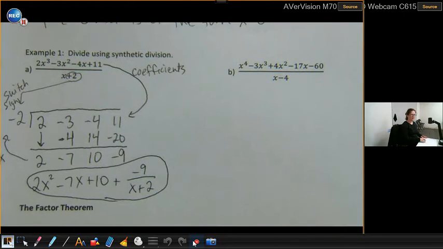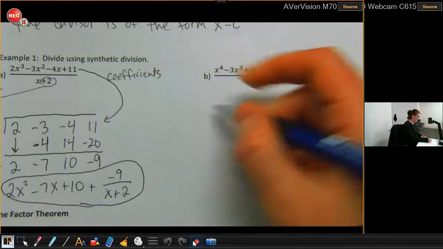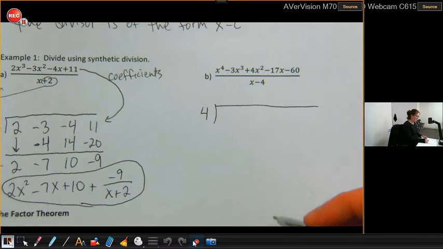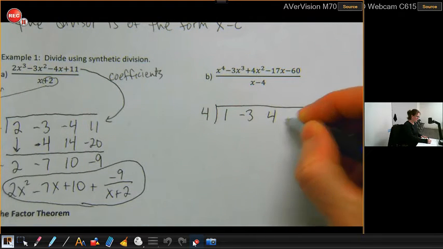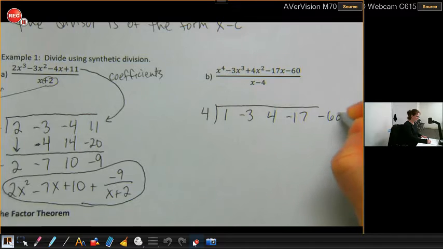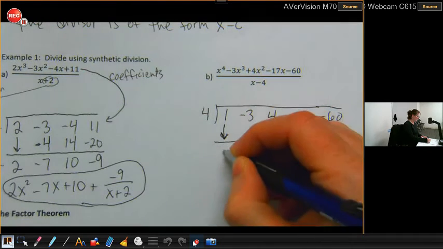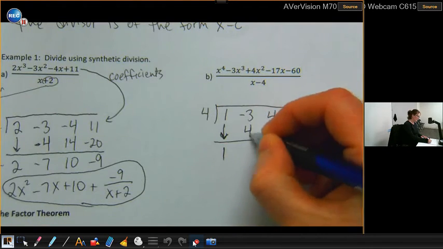Doing another example. So I start by taking this negative 4, opposite sign is positive 4. I'm dividing, utilizing the coefficients. Dropping the first number below the line. Going around the front and multiplying.